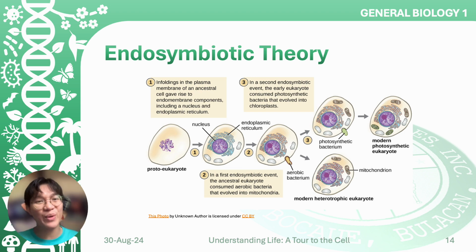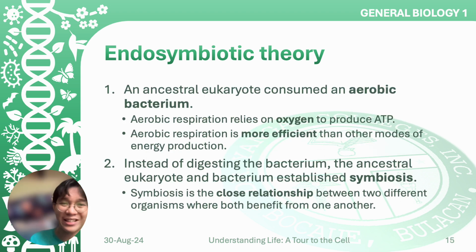So that's the story, the love story between the eukaryotes, or the cells that have nuclei, and the mitochondrion. I hope I simplified this diagram you're seeing on the screen right now with the story I told you. So let me summarize what happened.